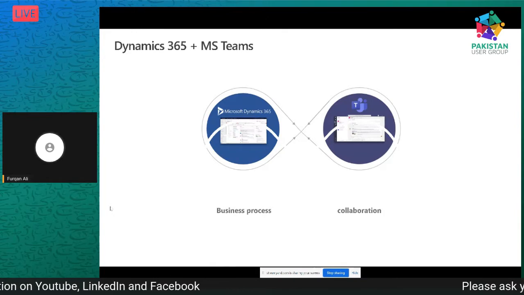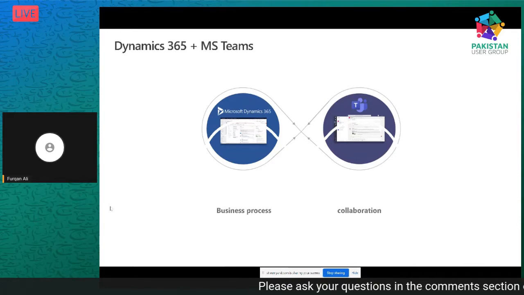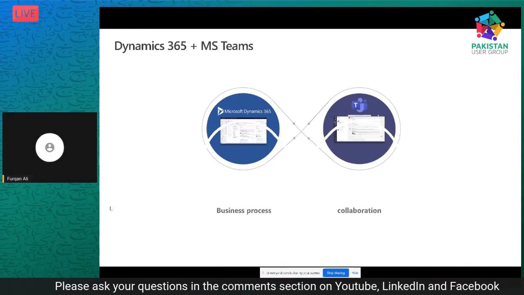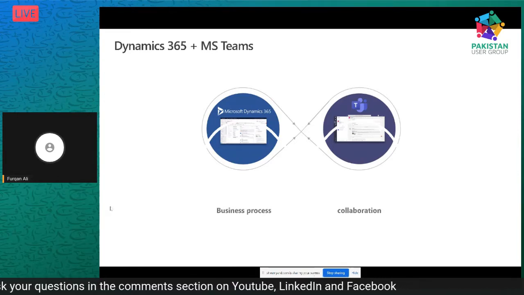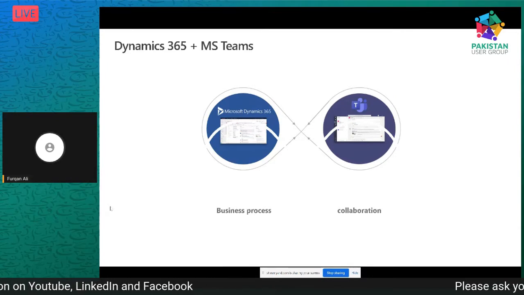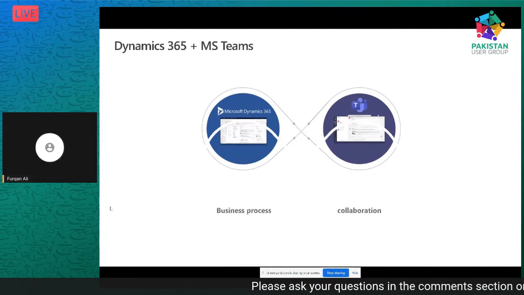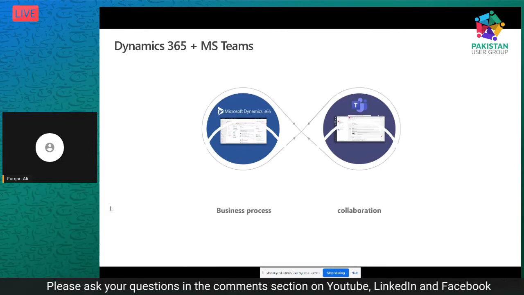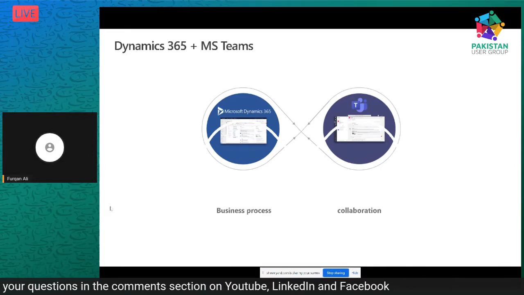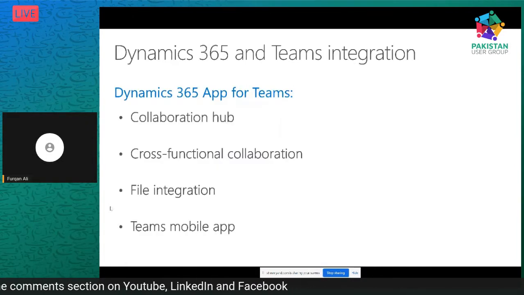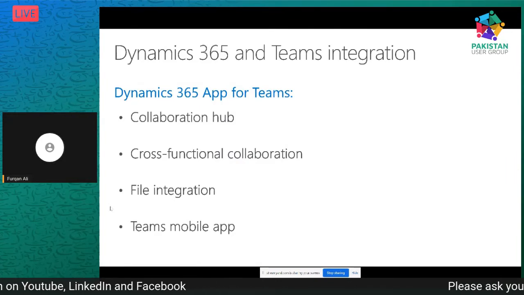And when these people want to work closely on some of the business processes, for example sales or customer service, to close the deals or to close the cases, whatever you can think of, they have to collaborate. And there was a missing integration point, and that's where Microsoft has been investing heavily for the past some years. Now we have Dynamics 365 app for Teams, right?